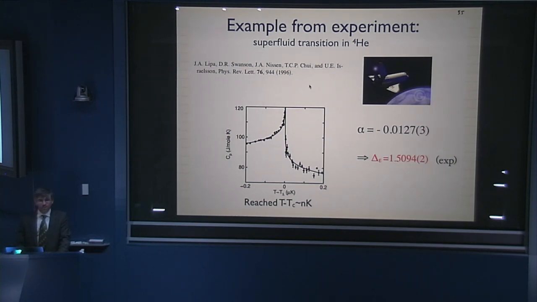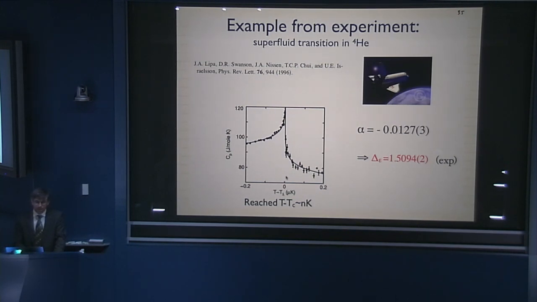It's the only liquid that does not freeze even at 0 degrees Kelvin. But it goes to the superfluid state at a temperature of a few Kelvin. And if you look at the system precisely at this superfluid transition temperature, then that's where this critical point lies.